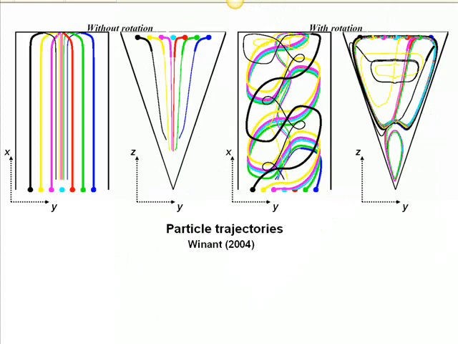A way to visualize the effects of rotation very nicely is through these representations. What we have are particle trajectories looking at the channel here, looking at it from above, from an airplane.